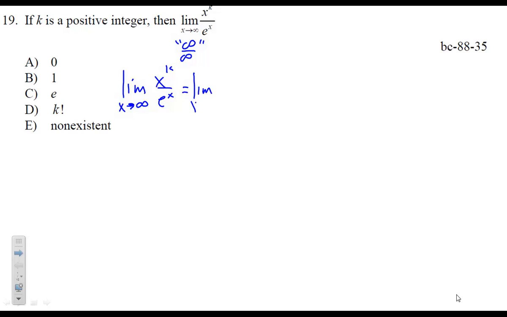The limit as x approaches infinity, if I take the derivative, I get k x to the k minus 1 over e to the x. And I note that this is still in the form infinity over infinity. While that's true, it's good to know that we could apply L'Hopital's again.